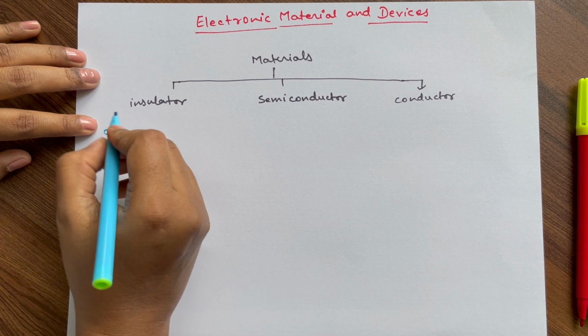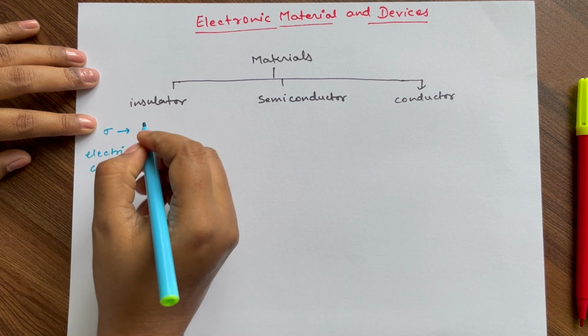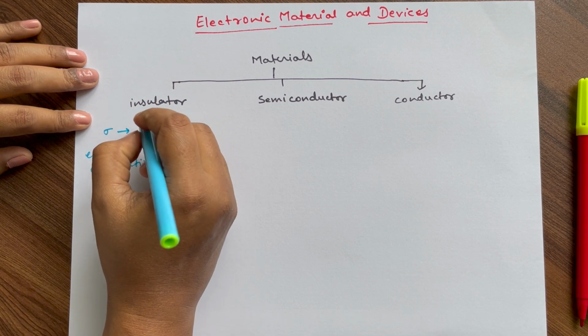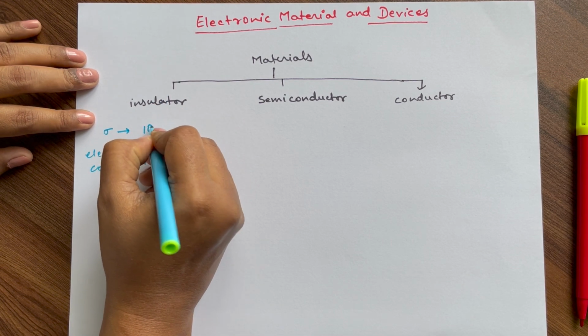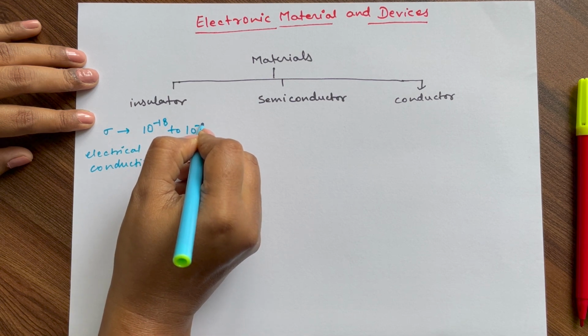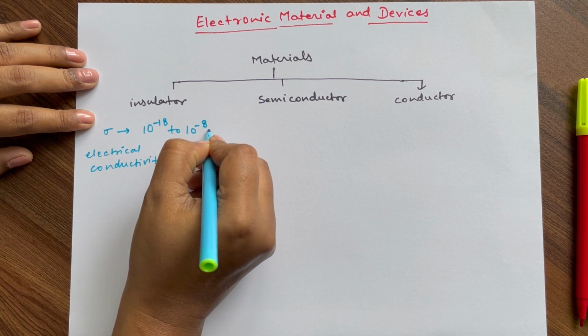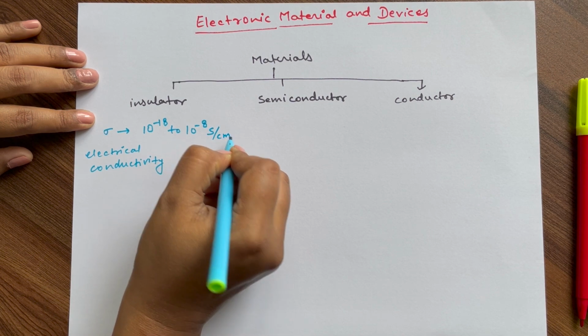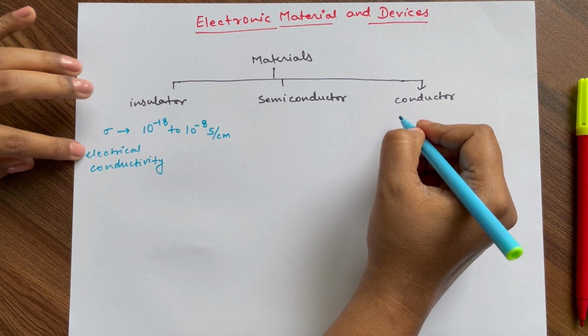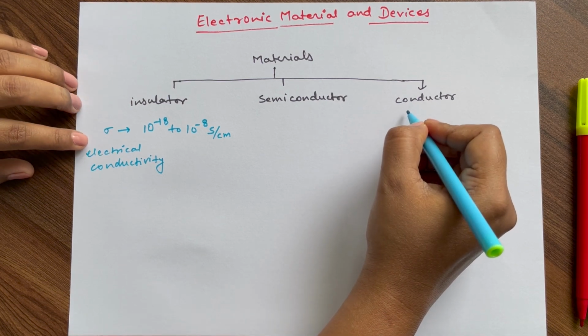So sigma for insulator is very low. Electrical conductivity for insulator is very low. The value is 10 to the power minus 18 to 10 to the power minus 8 Siemens per centimeter. And electrical conductivity for the conductor is very high.